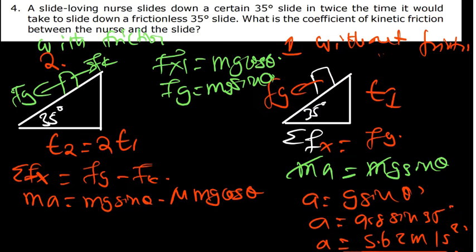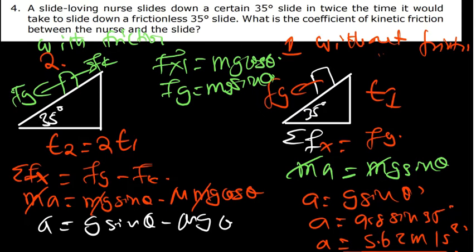Now we can cancel the mass, and we see that acceleration is g sine theta minus mu g cos theta. As simple as that.